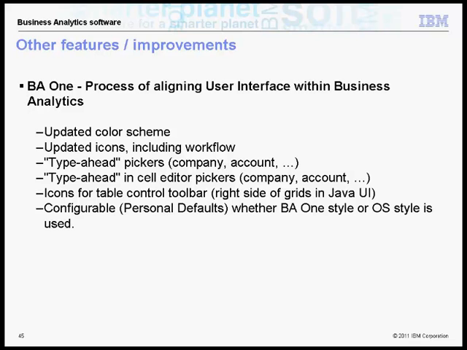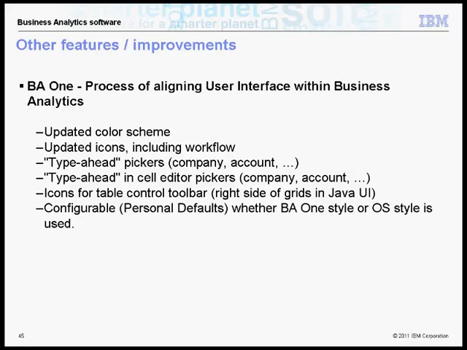Second from last, I think we have changed the user interface. A lot of feedback that we get about Controller is that it does look a little bit old-fashioned. So changing the UI is not necessarily a small, insignificant task, but we have freshened it up with the 10.1 version.